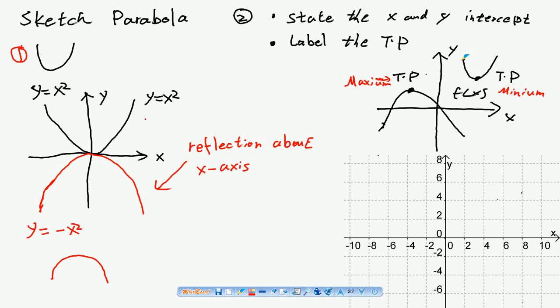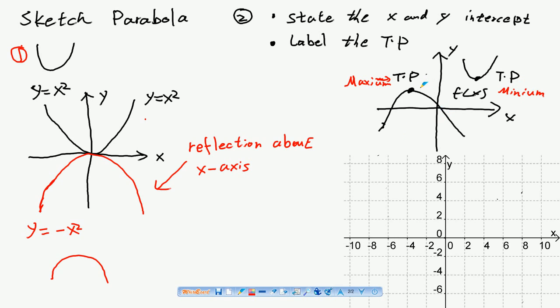You can't get a value less than this minimum point on this graph. So here we call it a minimum turning point, and here we call it a maximum turning point.